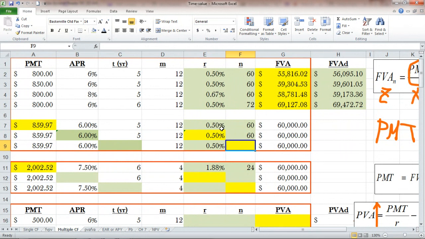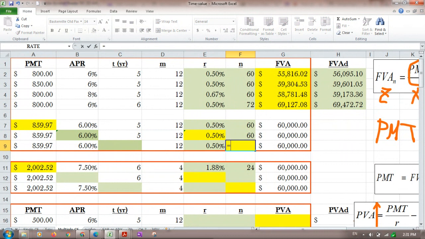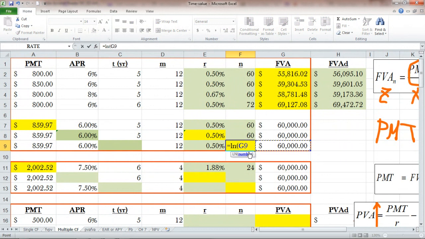Now, finding n, we know the answer is going to be 60. So how do we do that? Of course, natural log of future value over payment, not yet, times r plus 1, divided by natural log of 1 plus r.